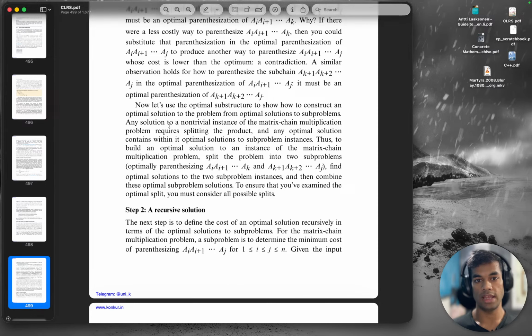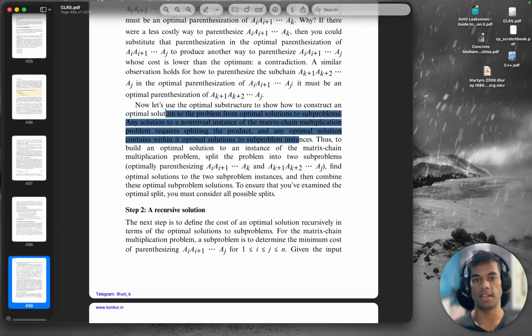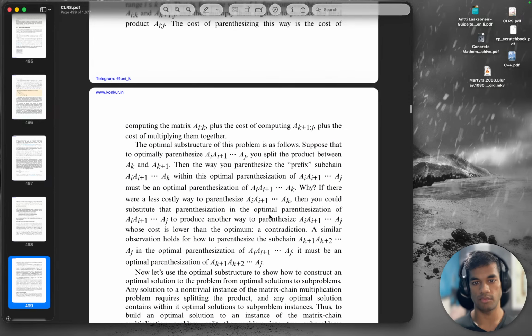Any solution to a non-trivial instance of the matrix chain multiplication problem requires splitting the product, and any optimal solution contains within it optimal solutions to subproblem instances. Why? Because we proved it here with contradiction.